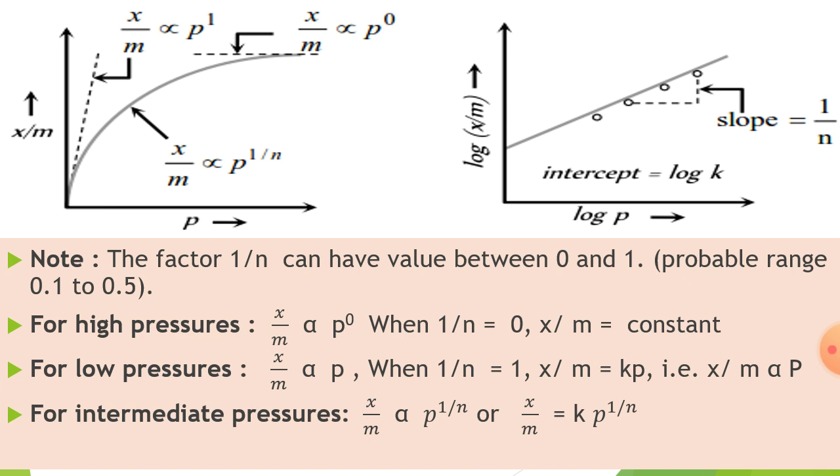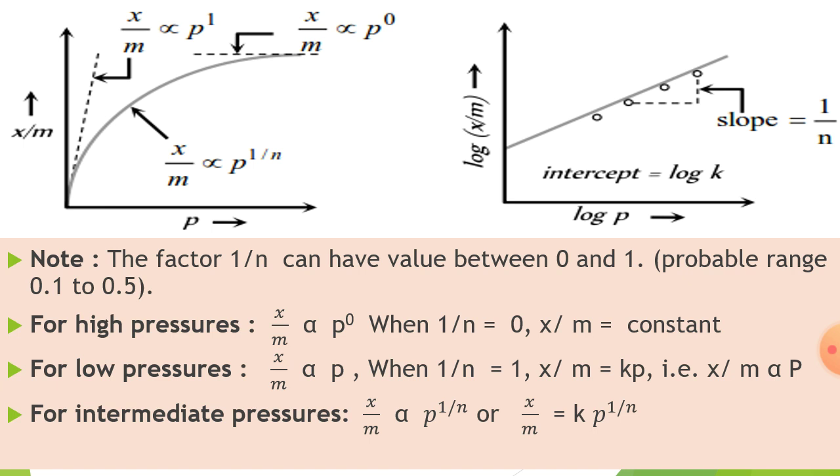For high pressure, x by m is directly proportional to p to the power 0. That is, when 1 by n equal to 0, x by m equals a constant, independent of pressure. So however much pressure you apply, no more adsorption takes place. That pressure is known as saturation pressure.